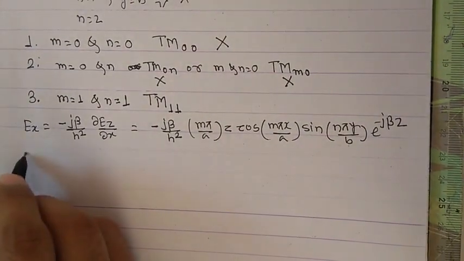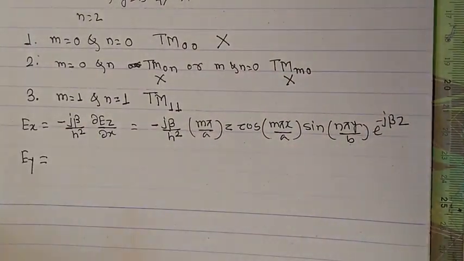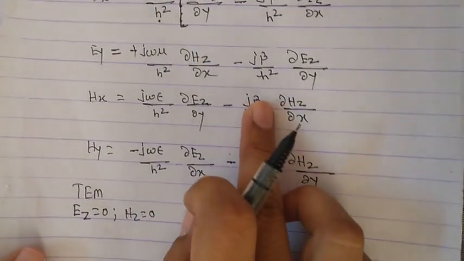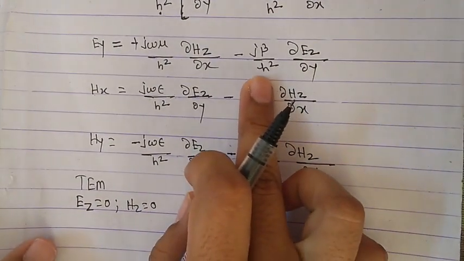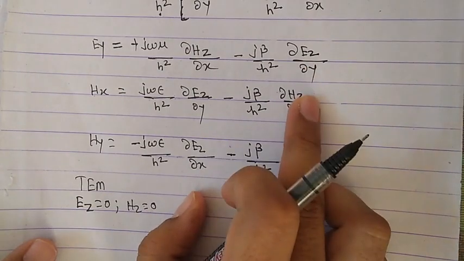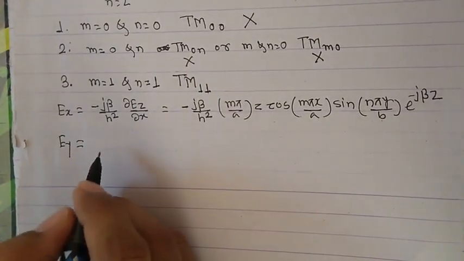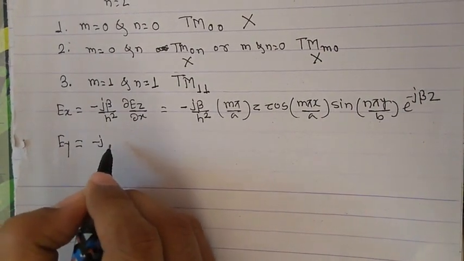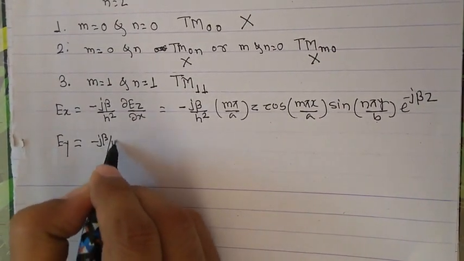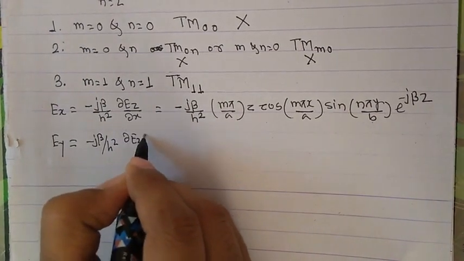Similarly, Ey. Ey is minus j beta upon h square del Ez by del y. So differentiation of Ez with respect to y.